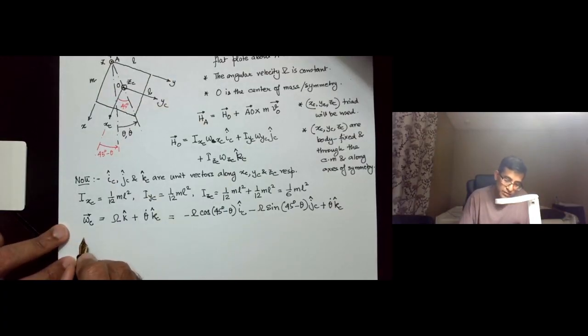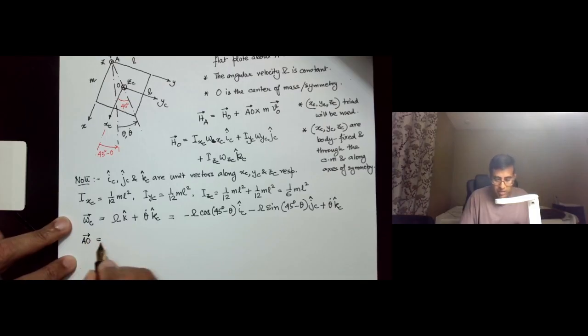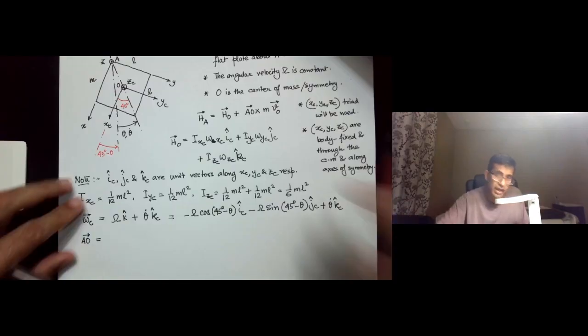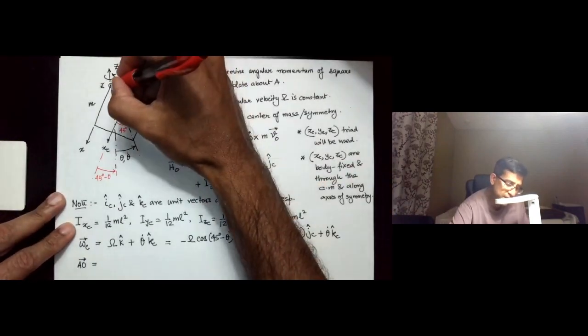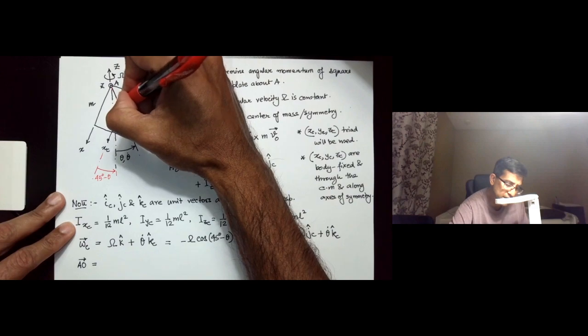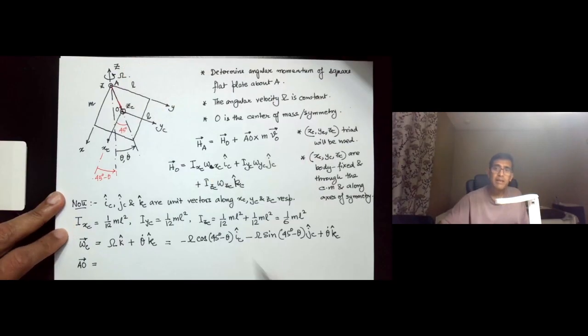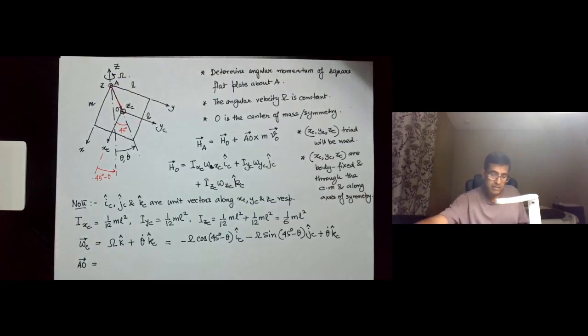So first let us formulate the vector AO, which is the vector going from A towards O. So AO is the vector that goes like this, right?